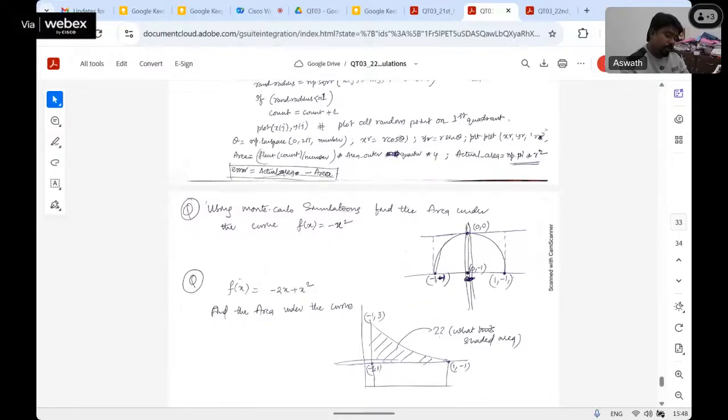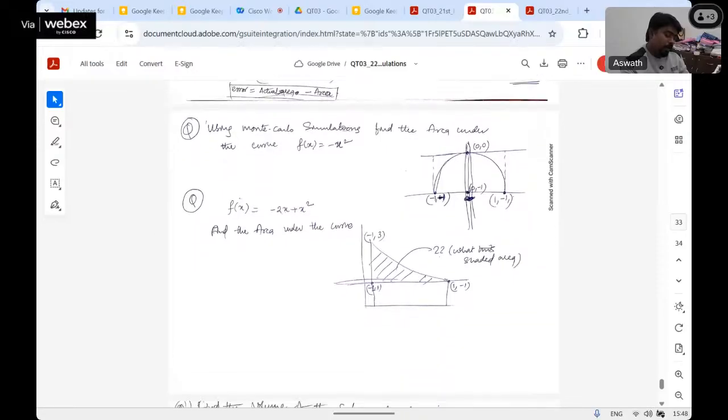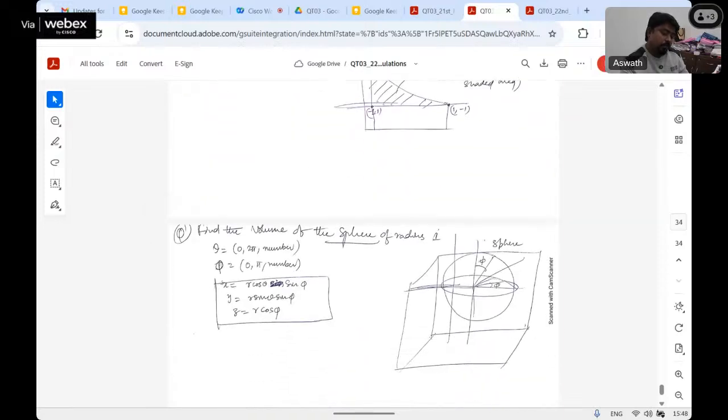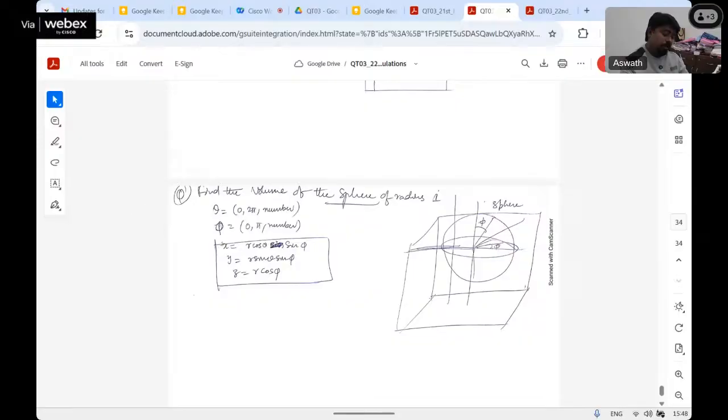You can also get the area under an inverted parabola using the same technique. Not only that, you can take any algebraic expression and find the area under that expression's curve using Monte Carlo integration. You can also find volume. In the case of a surface, you have to take a volume and then use Monte Carlo integration, where the random points would be three-dimensional random points.